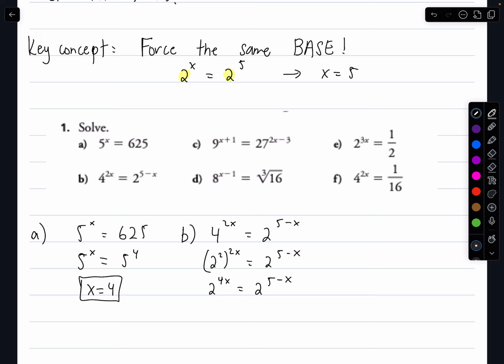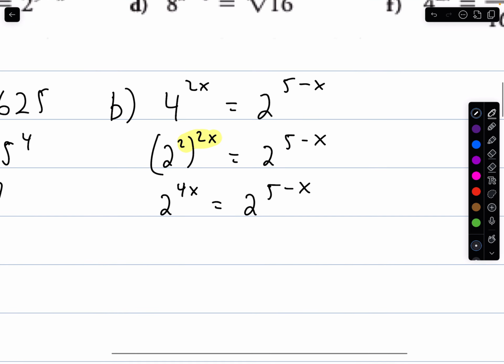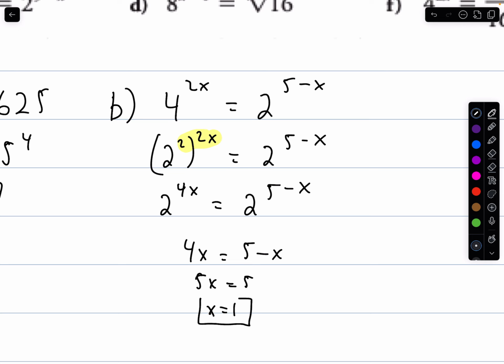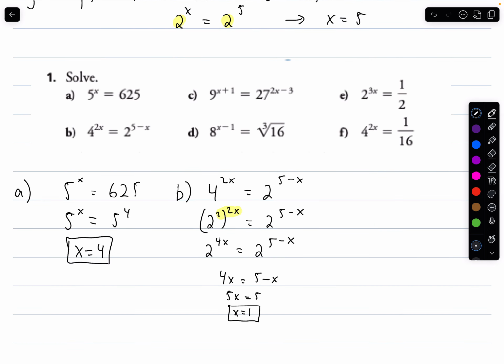The reason I got that is because I expanded out the exponent right here. Now I can make 4x equal 5 minus x, and then solve for x. I'll get 5x equals 5, x equals 1. So this one, there were a couple extra steps, but same concept, same base.